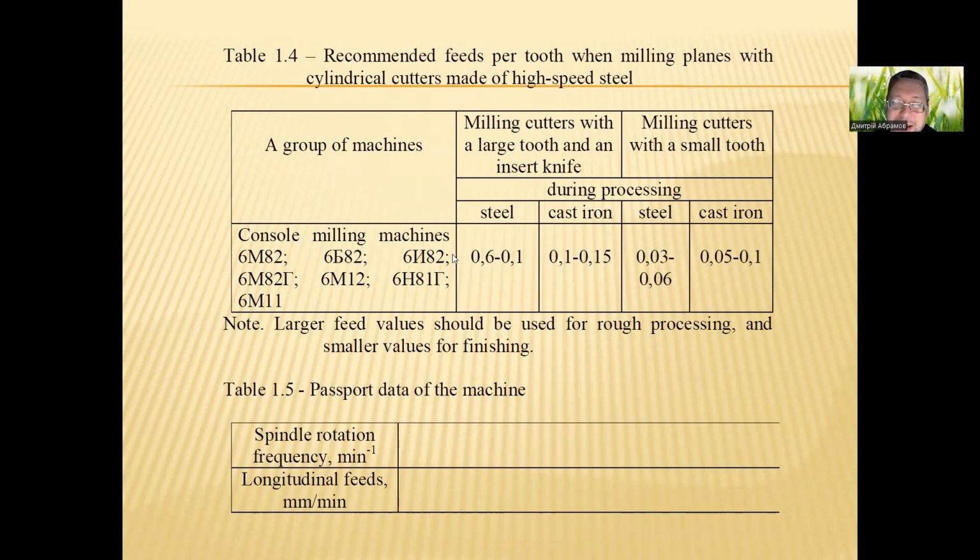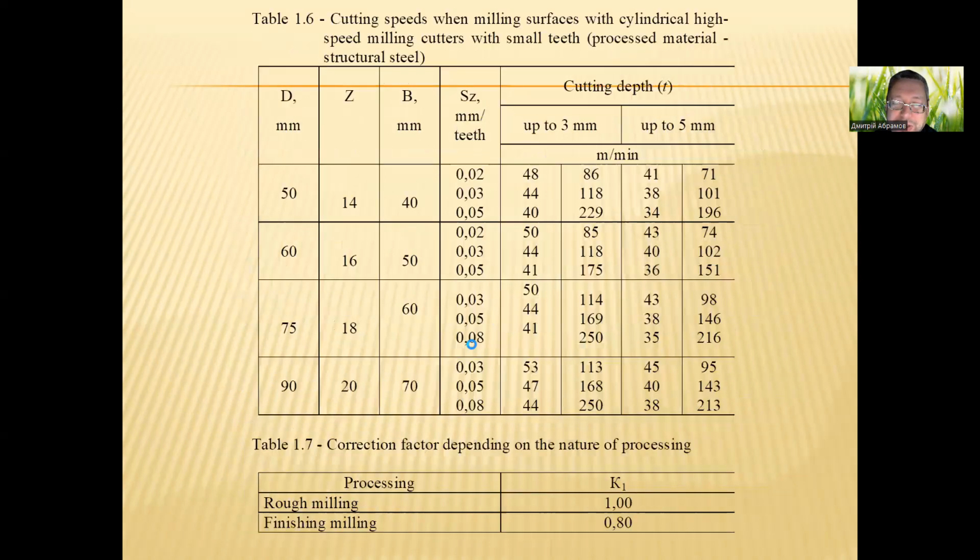Table 1.5, passport data of machine. Table 1.6, cutting speeds when milling surfaces with cylindrical high-speed milling cutters with small teeth, processed material structural steel. And table 1.7, correction factor depending on the nature of processing.